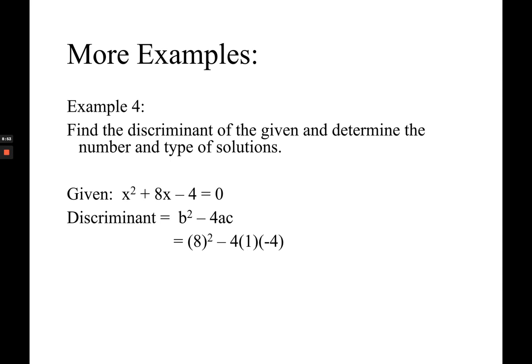Negative times negative is positive. So 64 plus 16 is 80. 80 is not a perfect square. Therefore, we have two irrational roots. That's it.